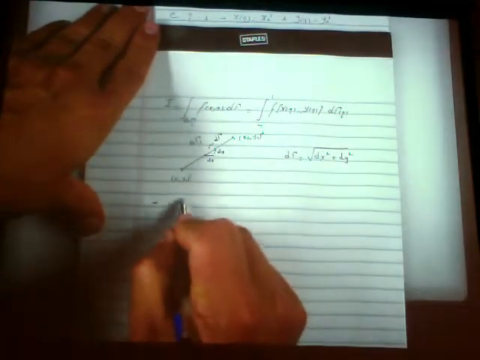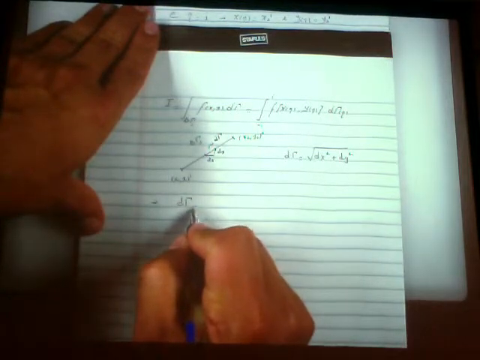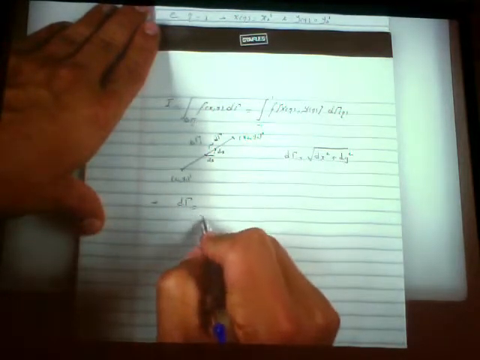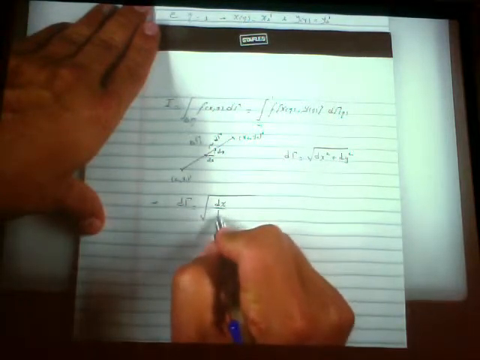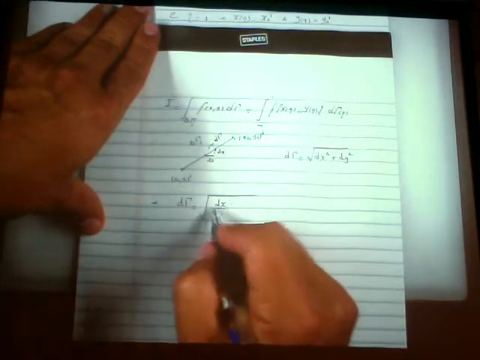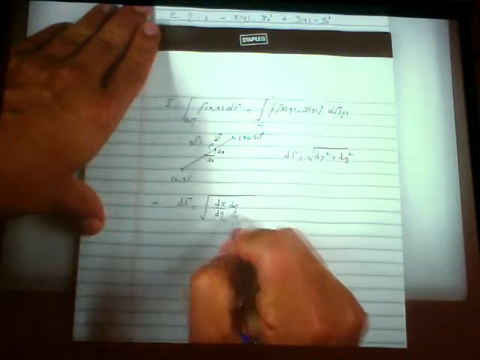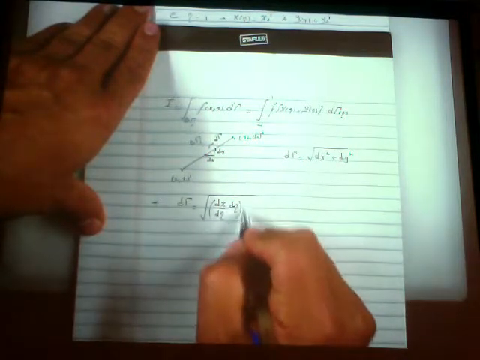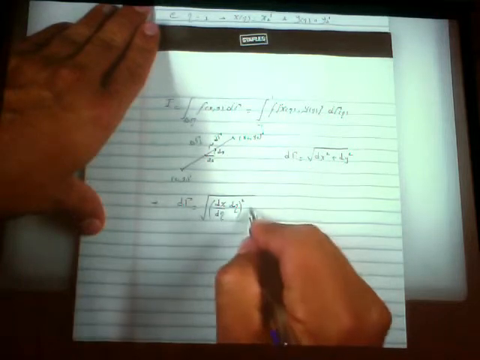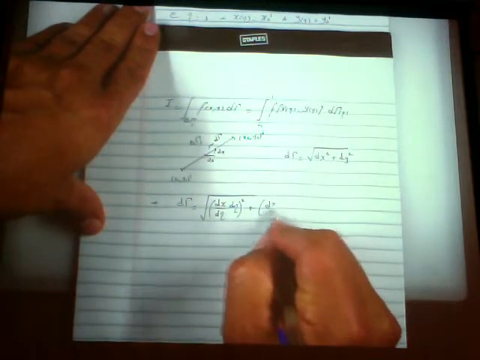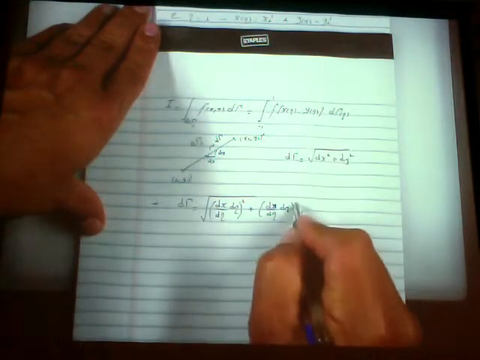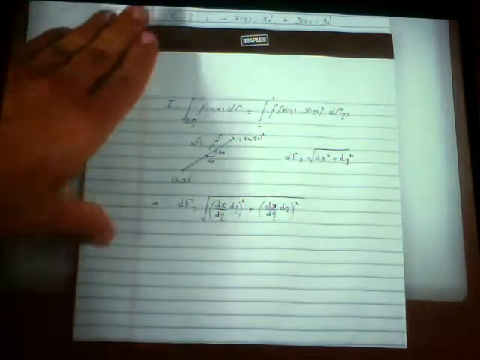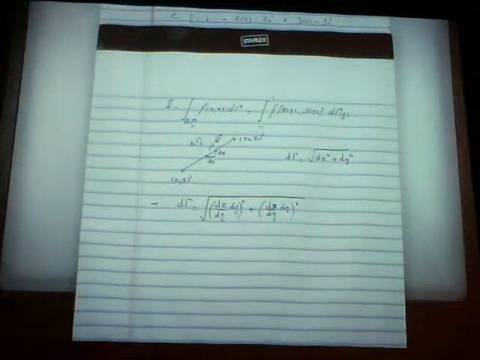Therefore, d gamma is equal to the square root of dx, I can replace by dx d eta times d eta, and all of these is squared, and dy I can replace by dy d eta, times d eta, squared. I just chain rule both of them.